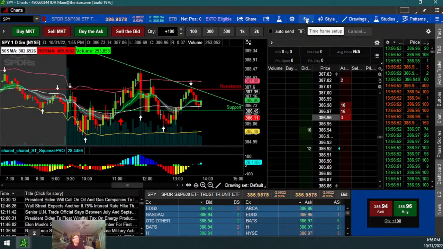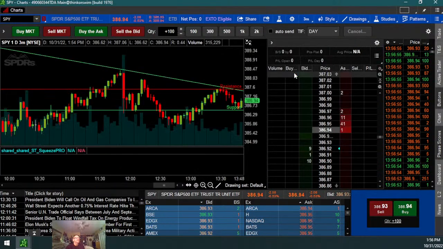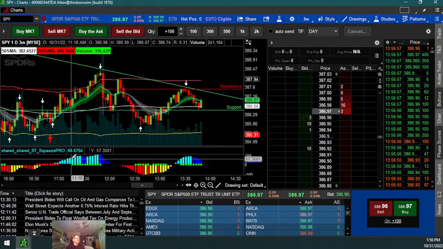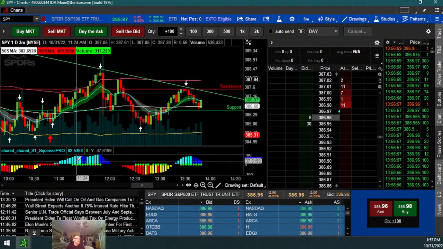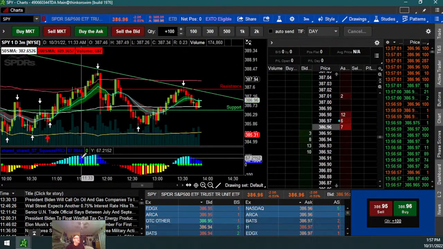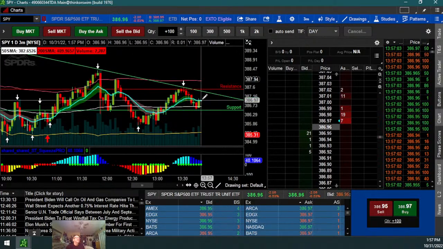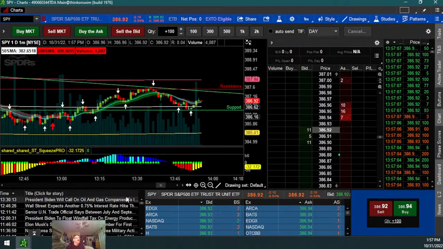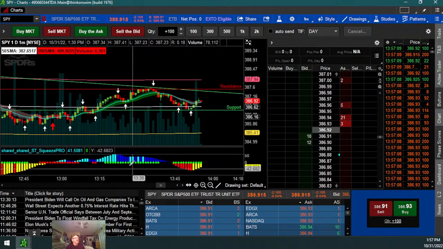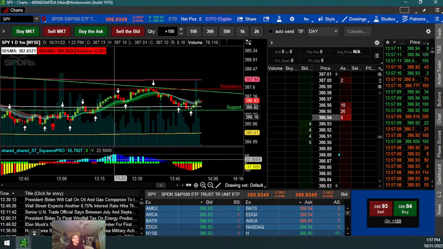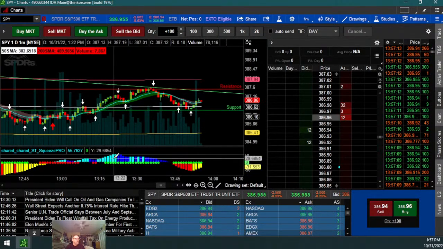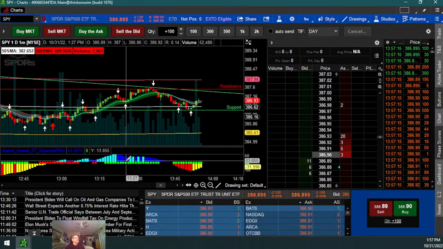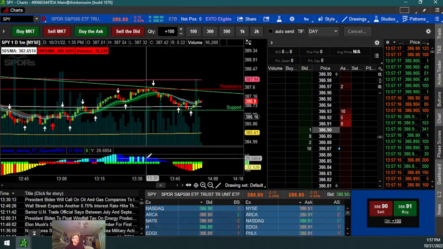If you're in a 5-minute, watch the difference. In the 3-minute, watch this change. Now you see 1, 2, 3 changes, but when you go to 1 minute, it changes again, and now you only see 2 colors. So it will change color depending on the time frame.